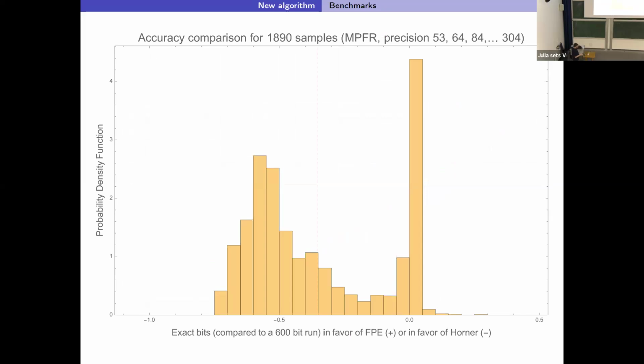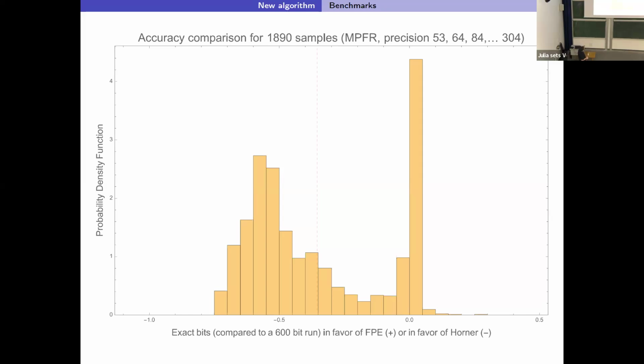Here is a statistic about precision loss. We compare our method to the Horner method and to the actual result. And it looks like in practice we lose a little bit more than what we gain.